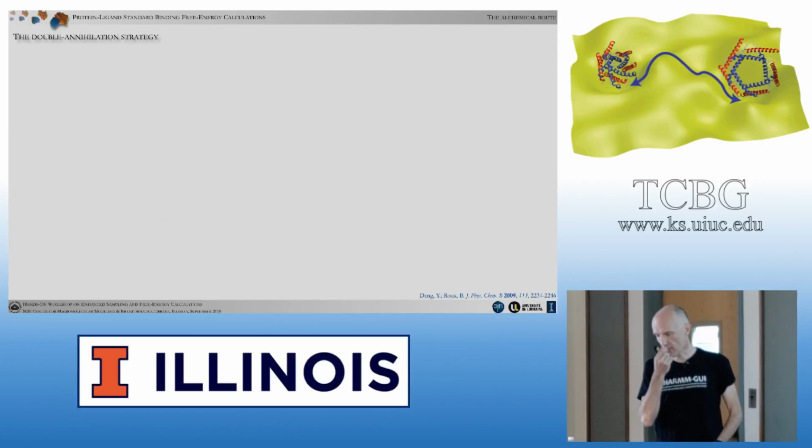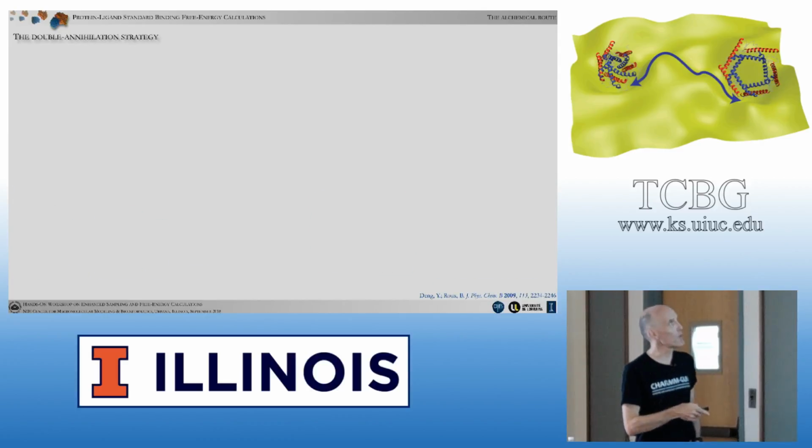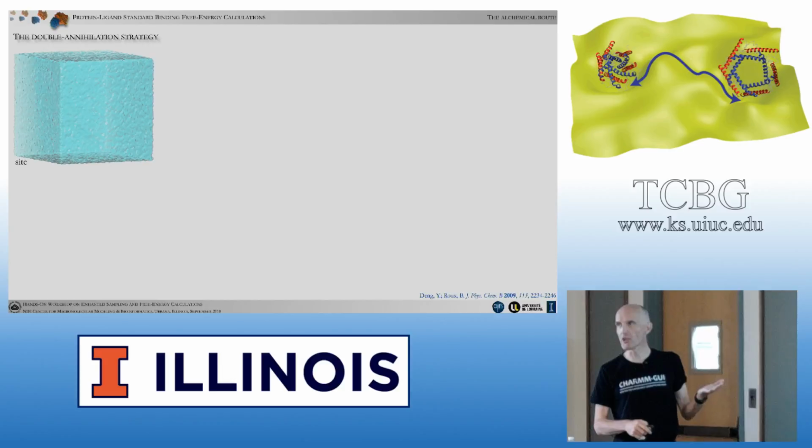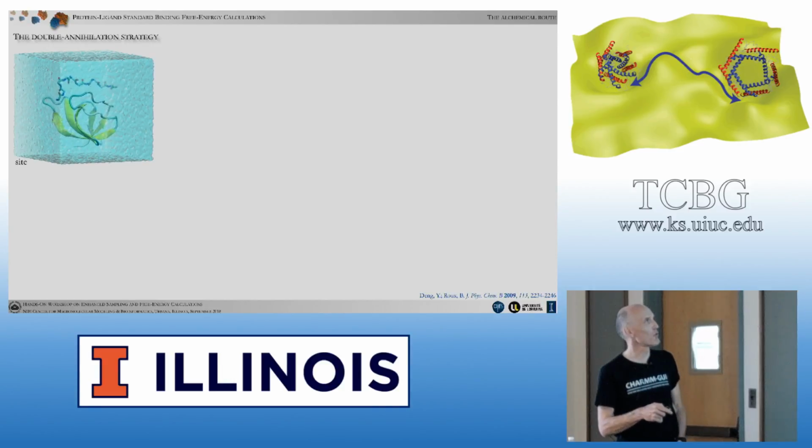So in practice, here's how we do it. We do a double annihilation strategy or a double creation strategy. And I'm defining two computational assays, one for the bound state and one for the bulk state.